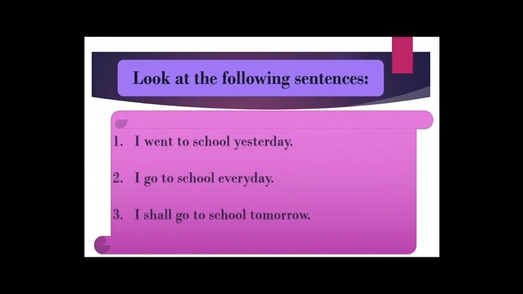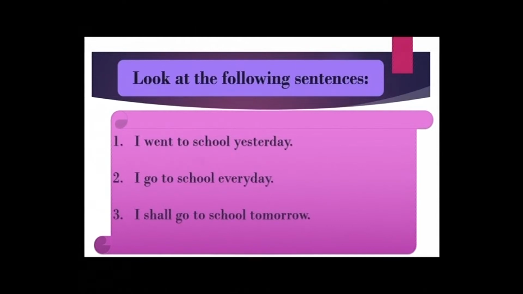In first sentence, it is the second form of the verb go, that is went. In second sentence, it is go, first form of the verb. And in third sentence, it is shall, helping verb, with the first form of verb go. So all these are different, right?